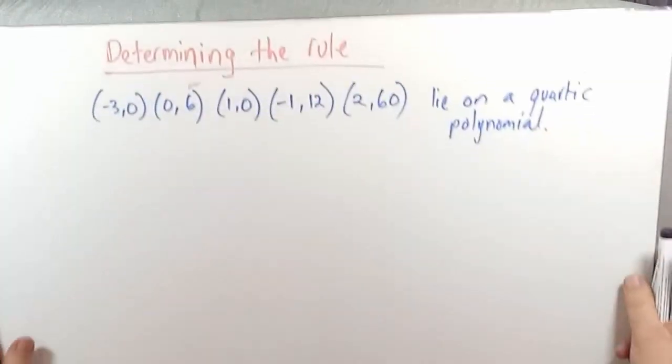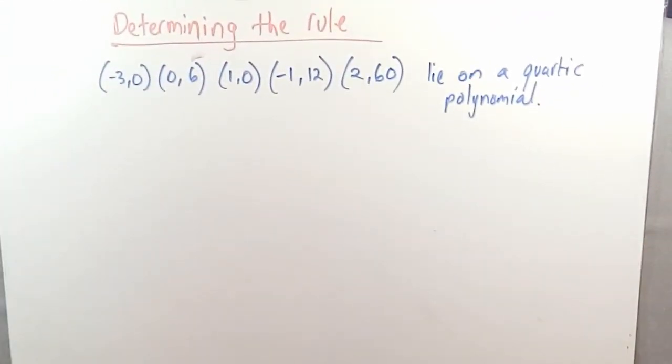Determining the rule. Now, I've got a bunch of points, and it says these points lie on a quartic polynomial. What is the rule for the quartic? You might be thinking this is impossible. And it's not impossible in this case. We've got to look for clues though. What are these points?